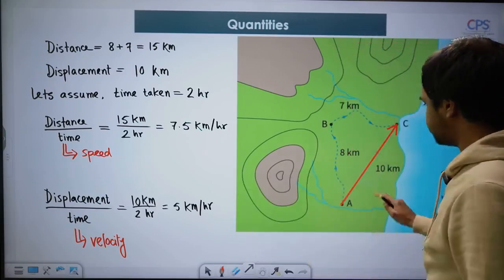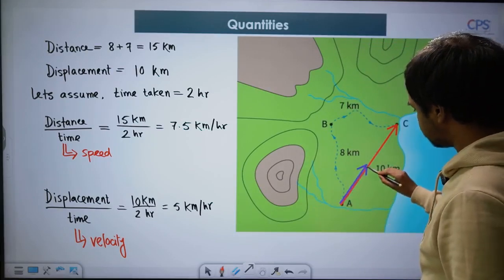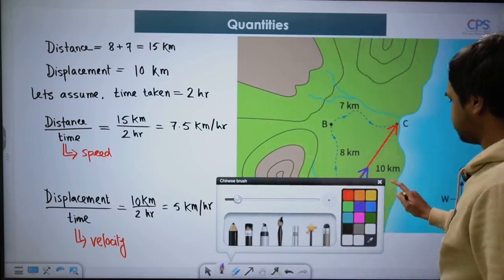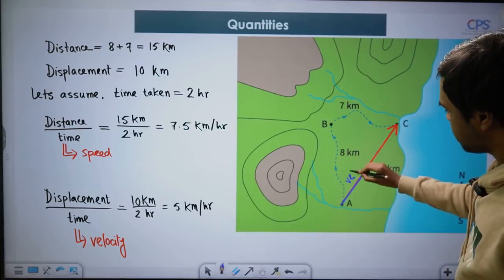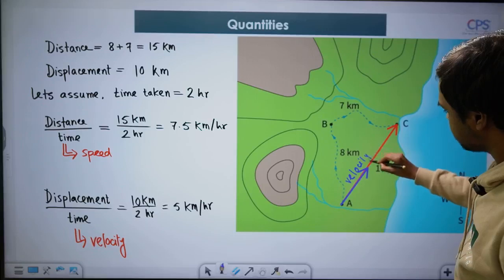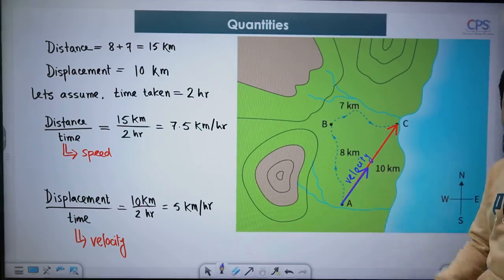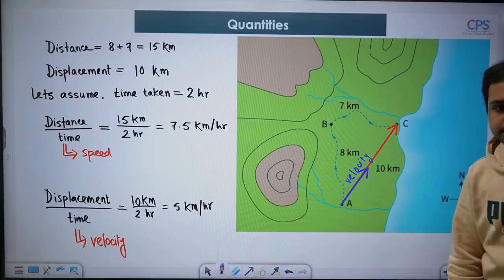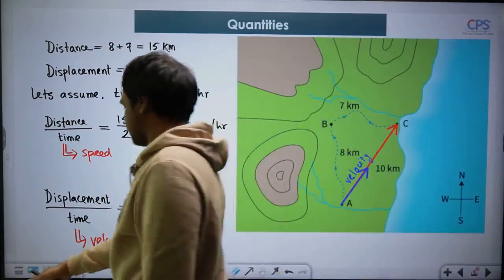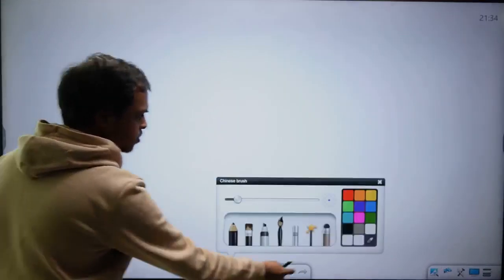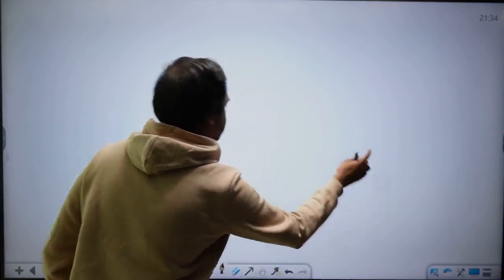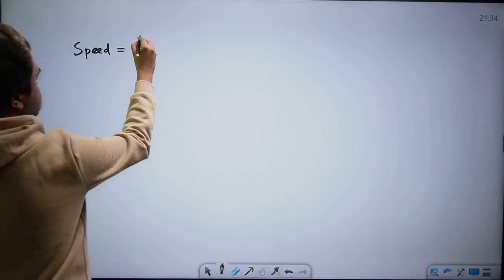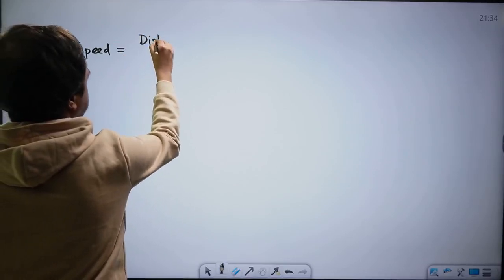So the direction of velocity is the same as the direction of displacement. Remember that. It will be handy for us in future. So whatever we have covered, let's summarize. So to do a proper summary, we'll first get to speed, which is distance over time.